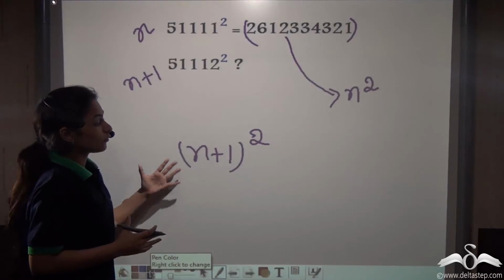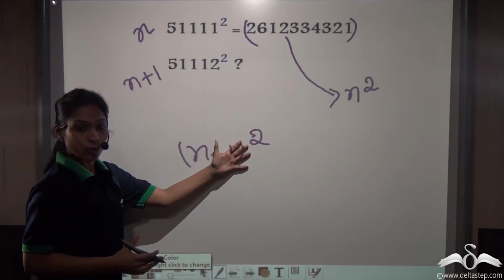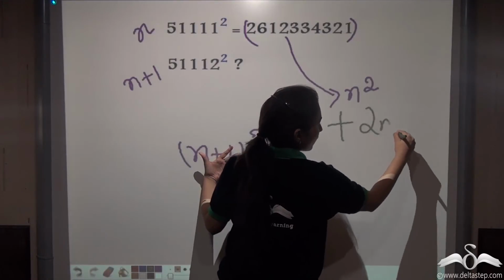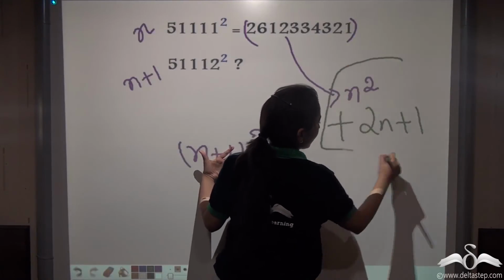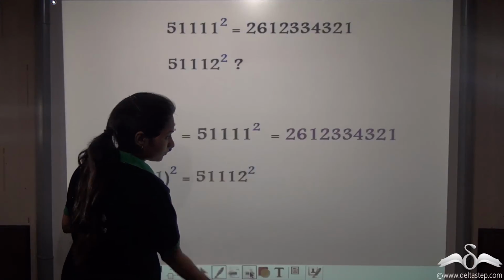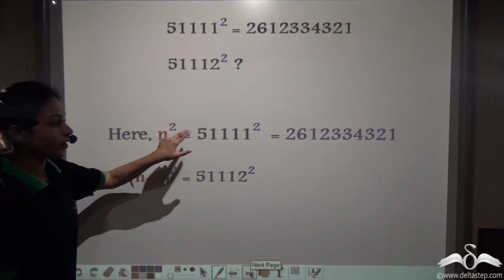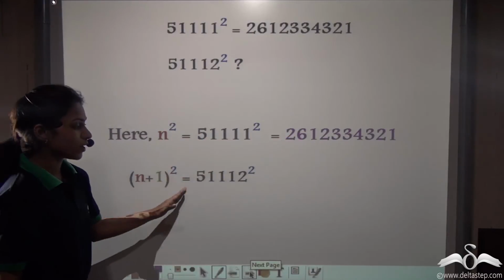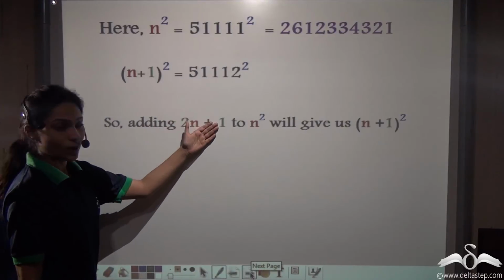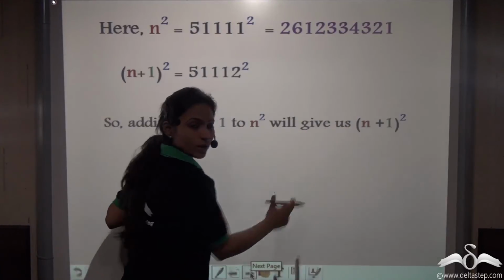And we know that if we want to find out n plus 1 whole square with the help of n square, we just need to add 2n plus 1. This whole thing will give us n plus 1 whole square. So n square we already know. n plus 1 square is what we have to find out. And adding 2n plus 1 to n square will give us n plus 1 whole square.